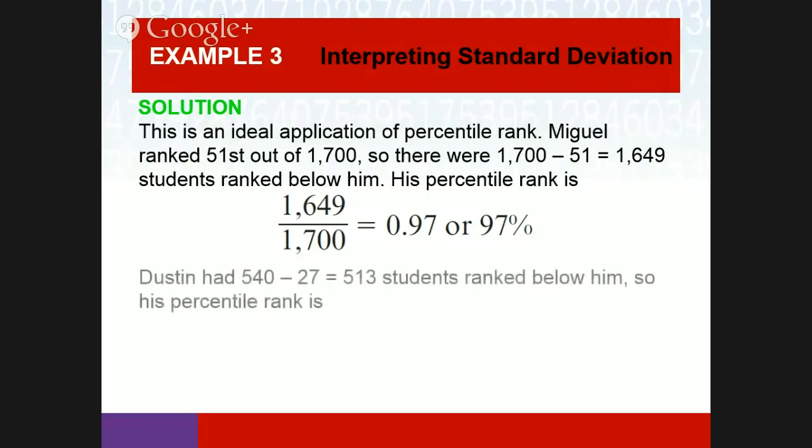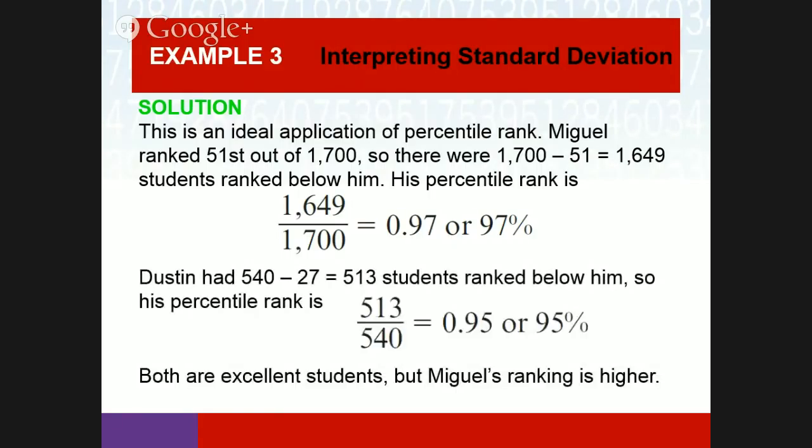To find Dustin's, we do the same thing with him. He's ranked 27th, so there's 513 people below him. We do the calculation and we get 95%. So while both are excellent students, Miguel's ranking is higher, even though if you look at where he falls in his class, 51 versus Dustin being 27th, it's all relative to how many students are in the overall class.